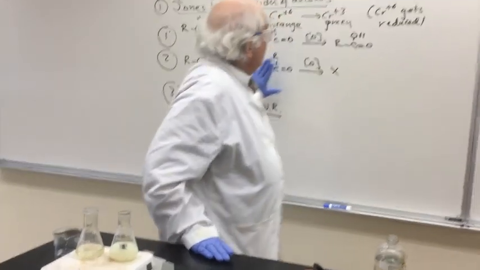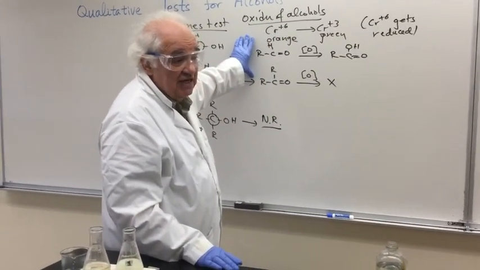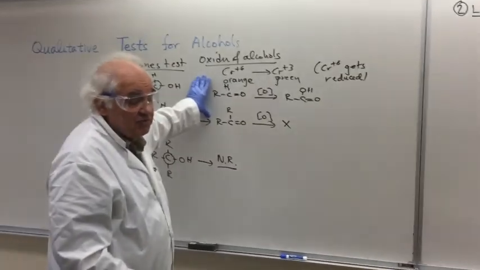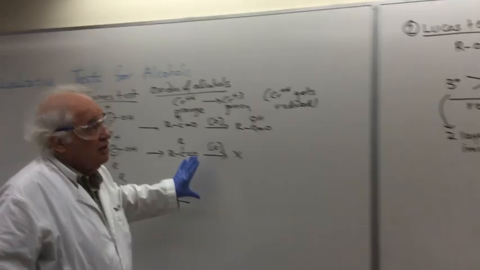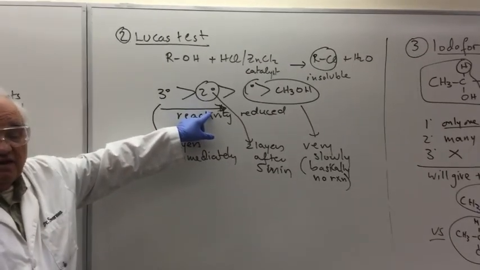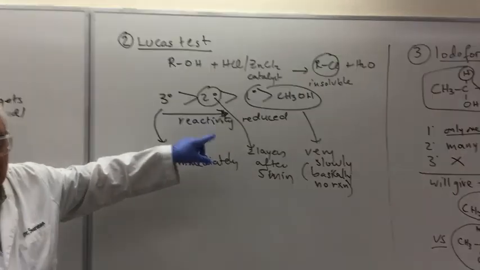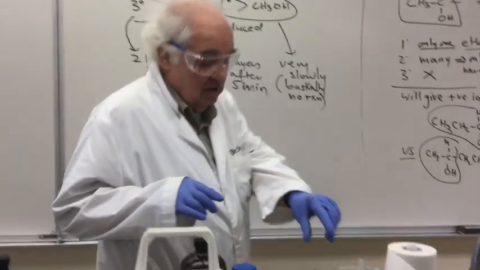Remember, we said that the Jones test for the unknown was positive, therefore it was not a tertiary alcohol. When we did the Lucas test, we said most likely we have a secondary alcohol, because we showed the two test tubes.